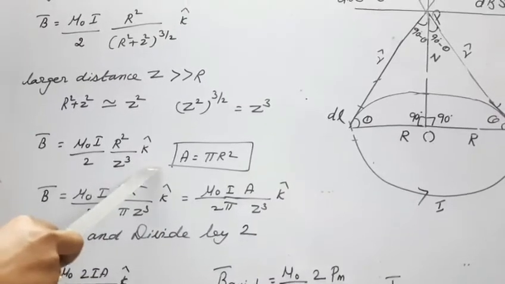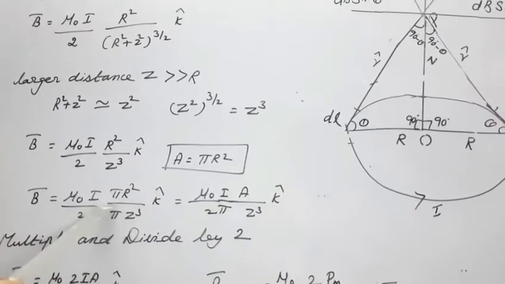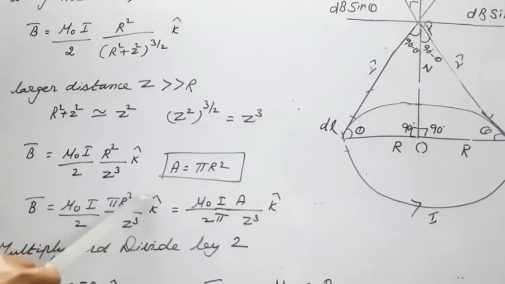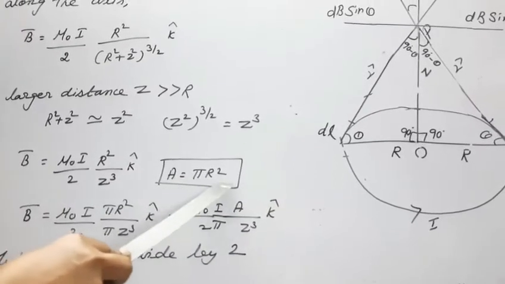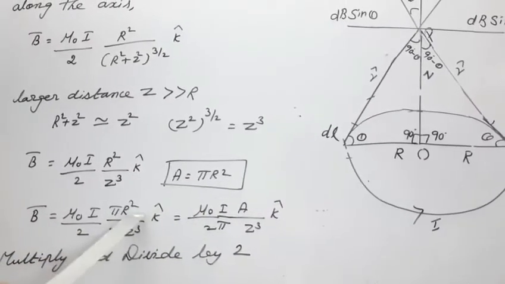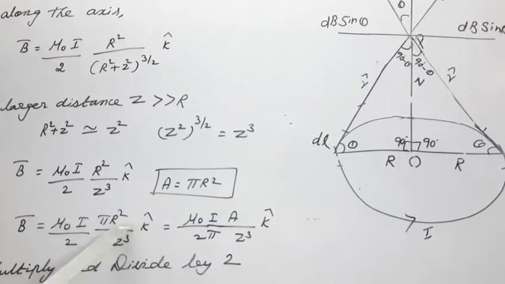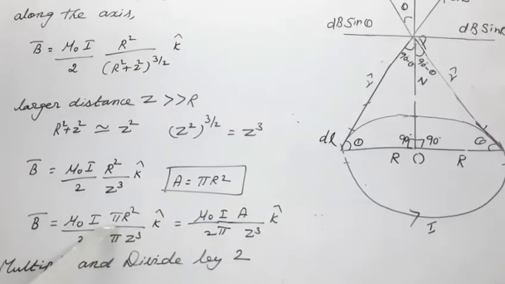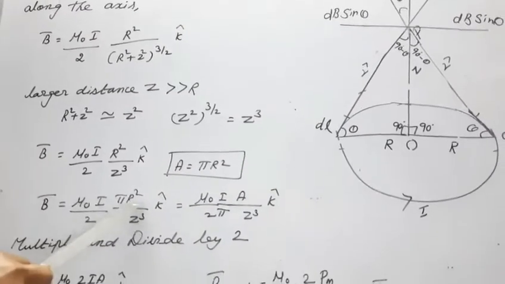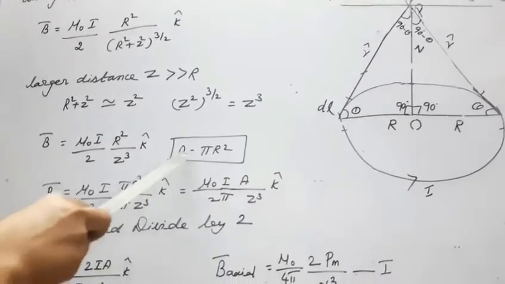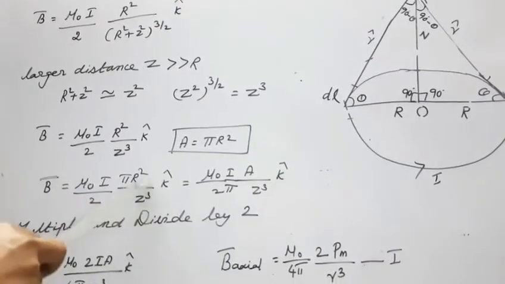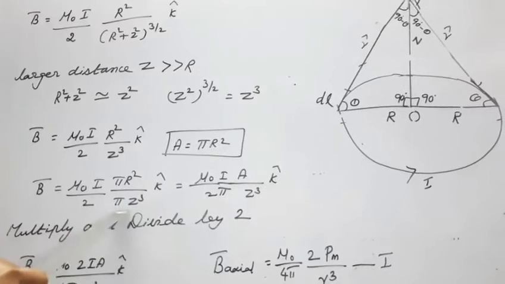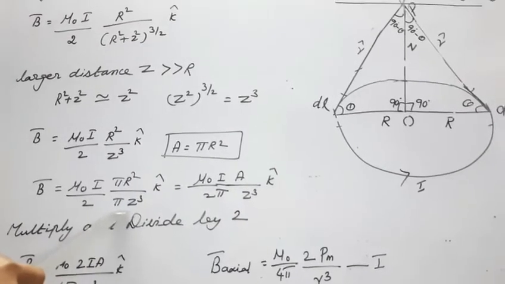And next we can take the area of the circular loop A equal to pi r square. So in this equation r square is already there. When we substitute pi r square as A, in the numerator we multiply by pi, and the denominator we also multiply by pi.